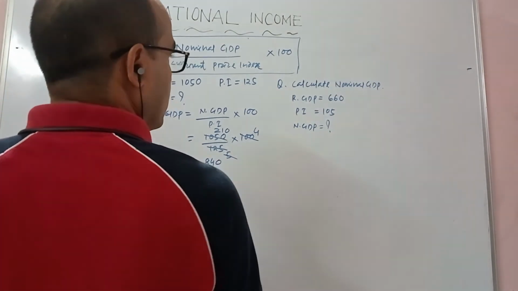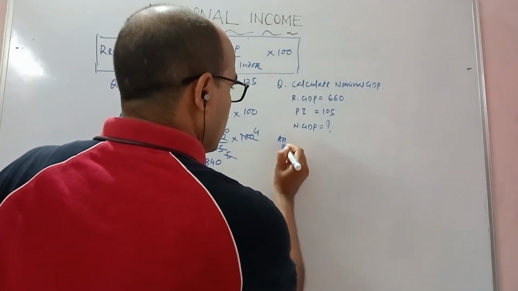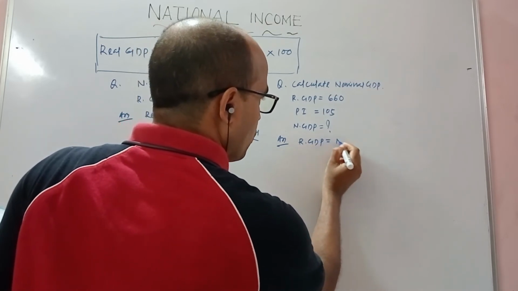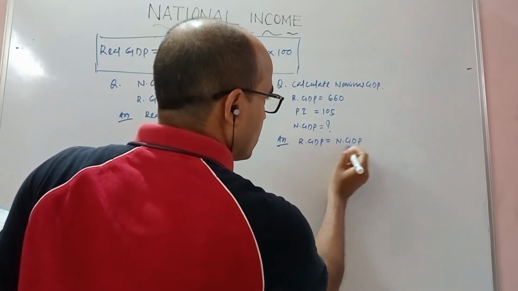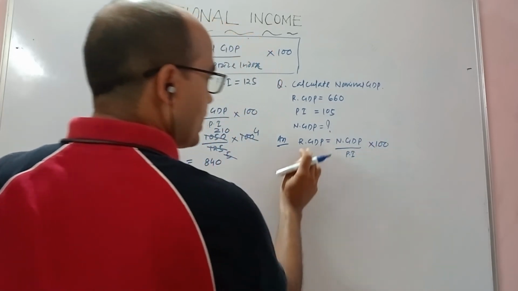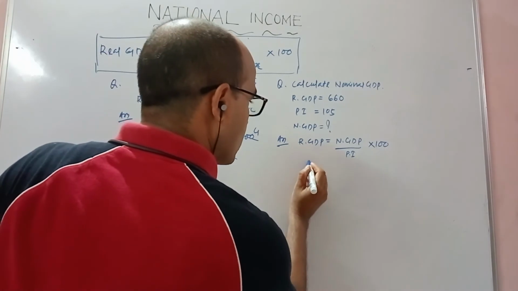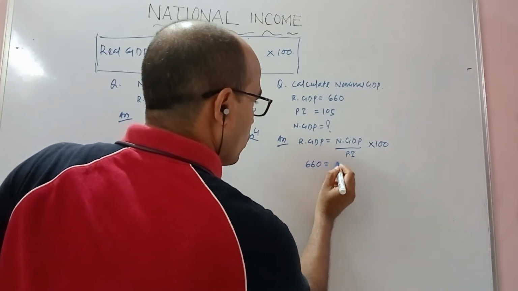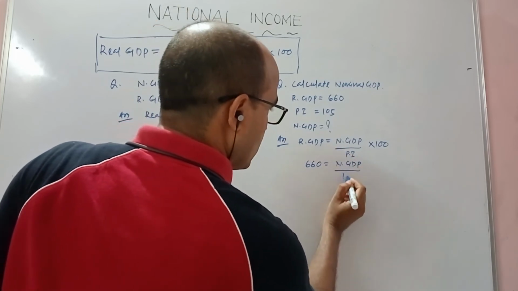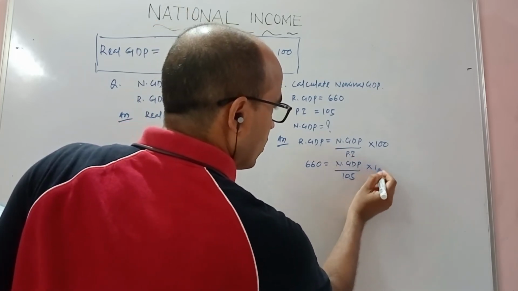Now simply you write your answer. A real GDP is equal to nominal GDP divided by price index into 100. So in the place of a real GDP, you write the value 660. Nominal GDP should be there. For price index, you write 105 into 100.